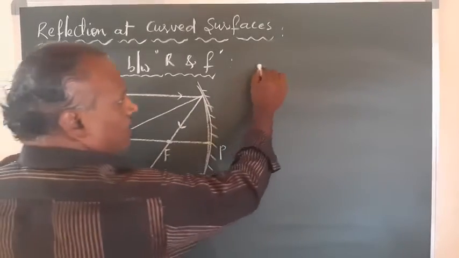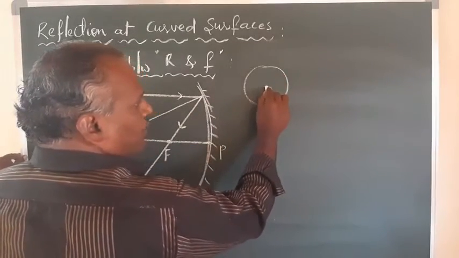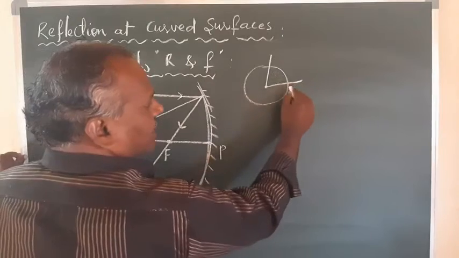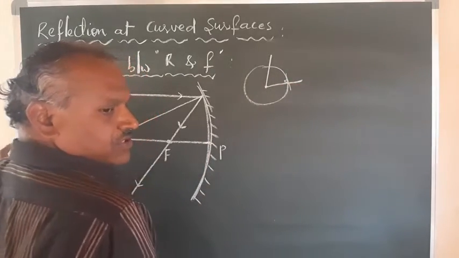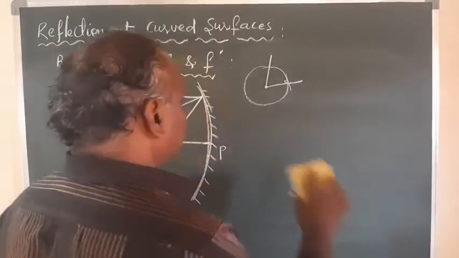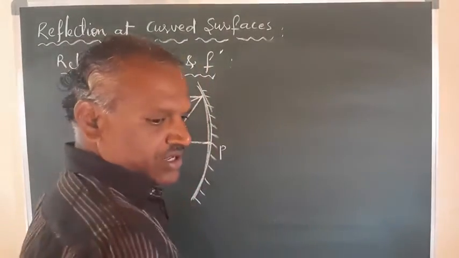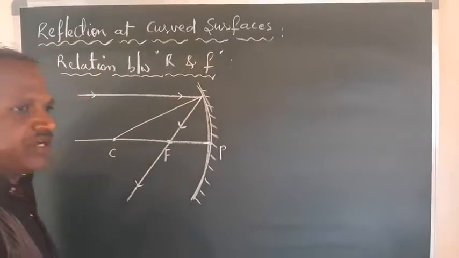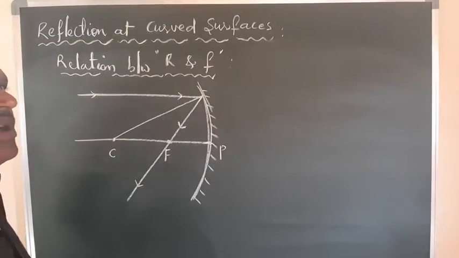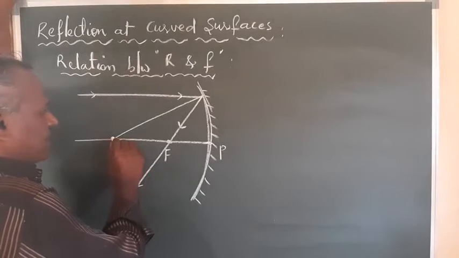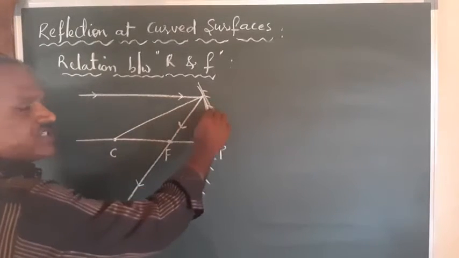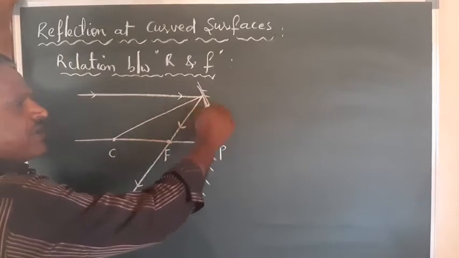That is a property of a circle: a straight line passing through the center always makes a normal, or perpendicular, to the circumference. Here also this is a straight line passing from the center and intersecting the circumference, so automatically it is a perpendicular.